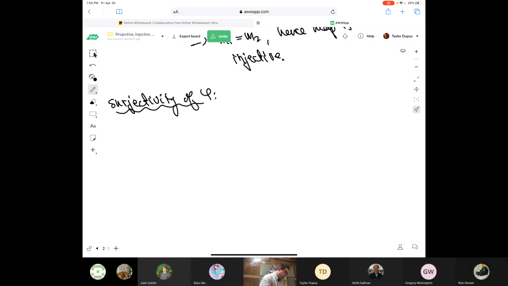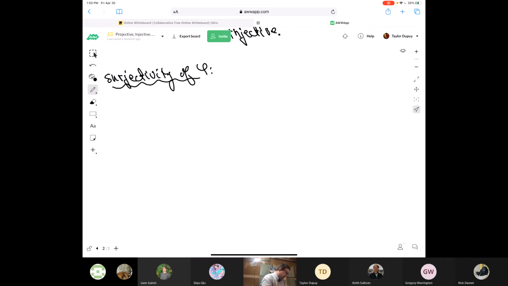Okay, so what we're going to do is, as usual, take a random element in the codomain and show that there's something that maps to it. So we're going to let M prime and M prime prime be in the codomain here. Let's use all the properties that we have.